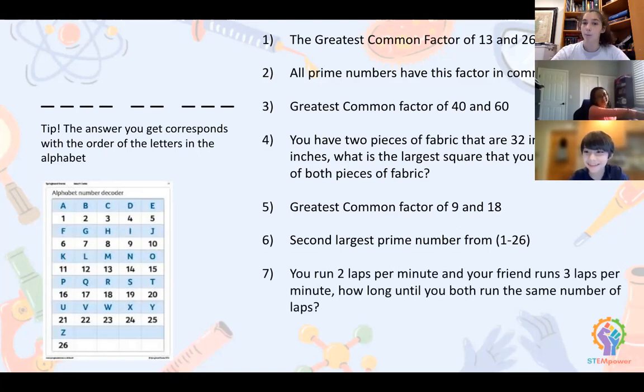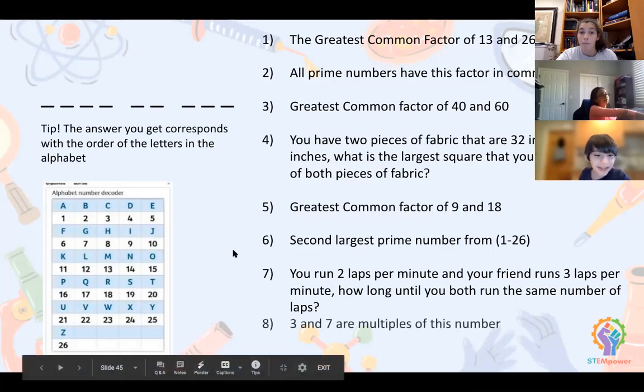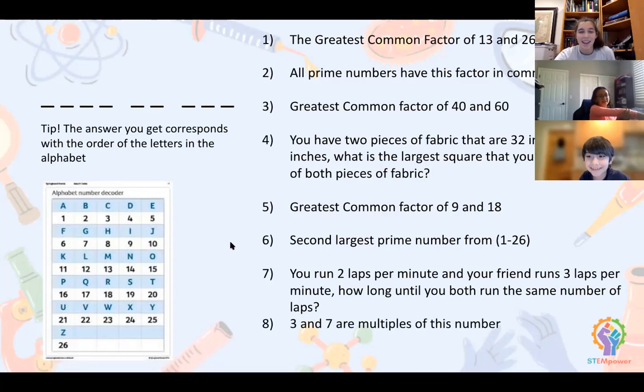So if you run 2 laps per minute and your friend runs 3 laps per minute, how long until you both run the same number of laps? 6 minutes. Yes. Exactly. 6 minutes. So that corresponds to an F. Yeah, it definitely is math. It's fun. No, it's F. What are 3 and 7 multiples of? 3 and 7 are multiples of 21.